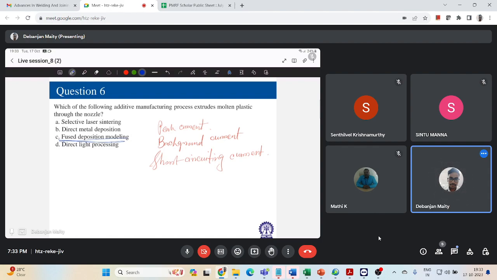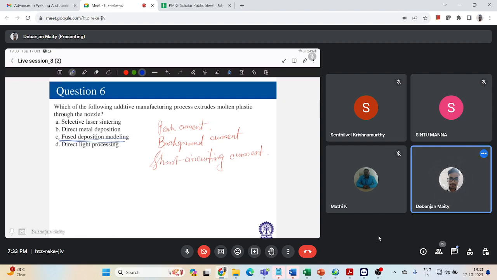Okay, let us leave it. Actually, there are working mechanisms also in fused deposition modeling. So you will have filament spools, some support filament, some main filament, and a support structure.